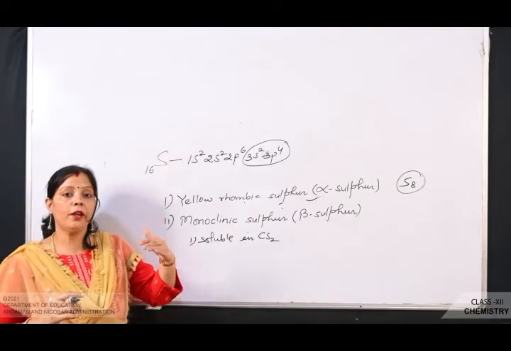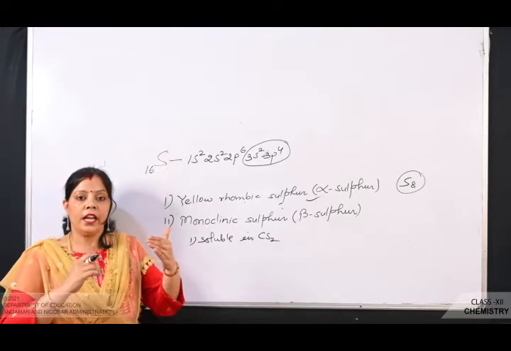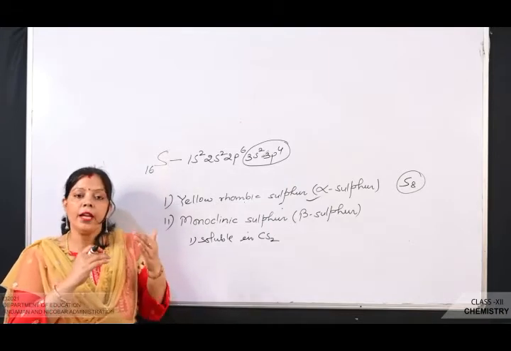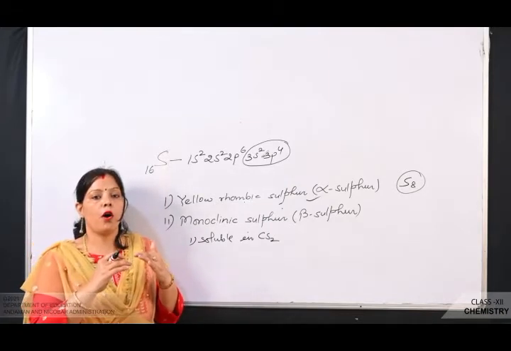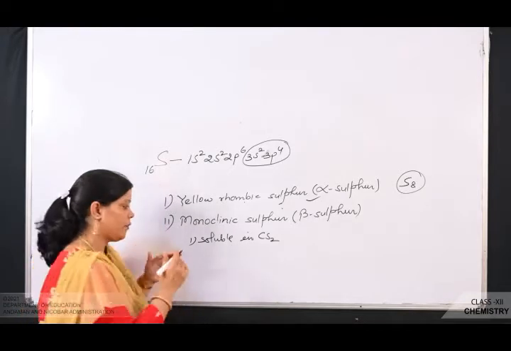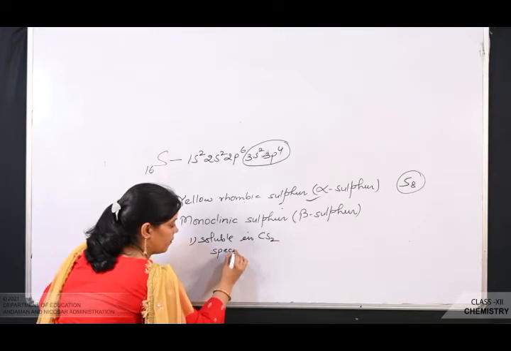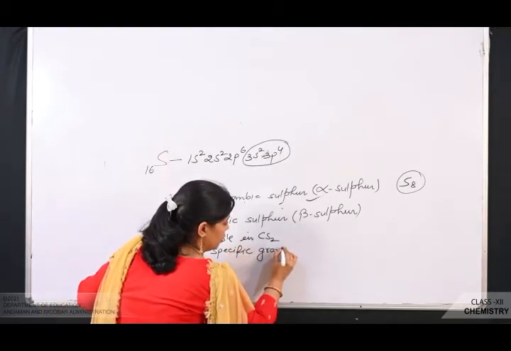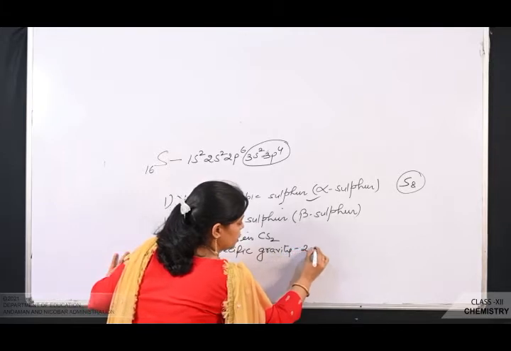How can we prepare yellow rhombic sulfur? If raw sulfur is dissolved in carbon disulfide and recrystallized, crystals of alpha sulfur are formed, having a specific gravity of 2.06.